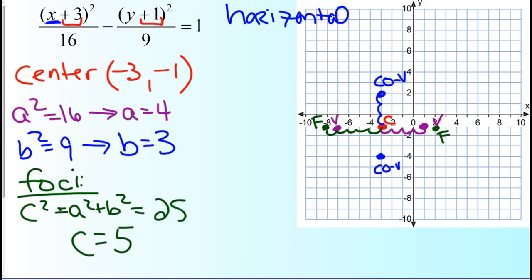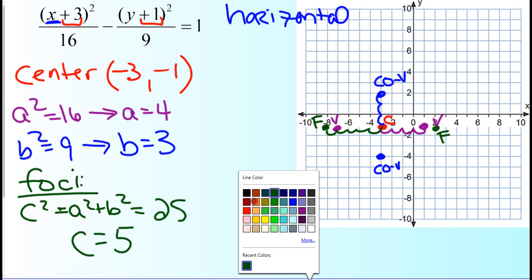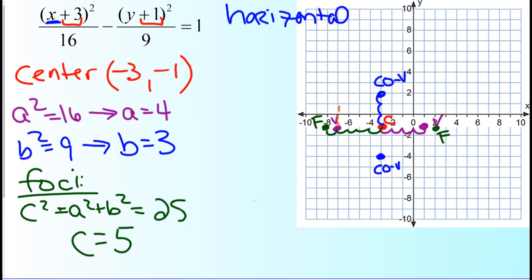The next step is the new step. You need to make a rectangular box. You are going to use the 2 vertices and the 2 co-vertices to make that rectangular box. The easiest thing to do is to just pick a vertex and start. So I'm going to go with the vertex that's on the left, and I'm going to go up and make dashed lines.